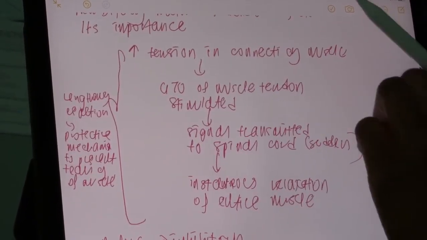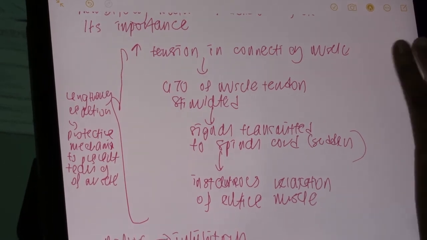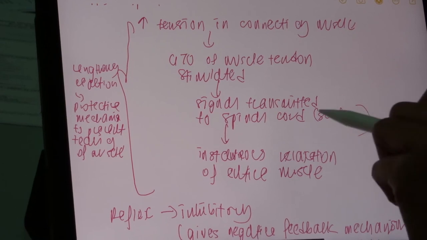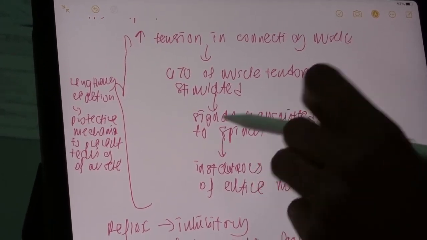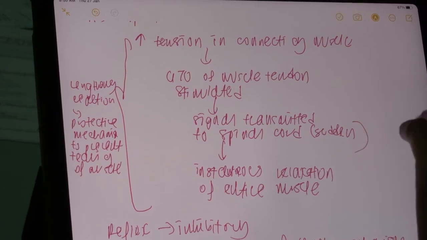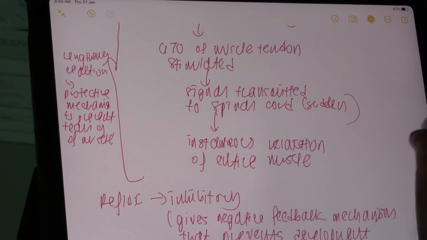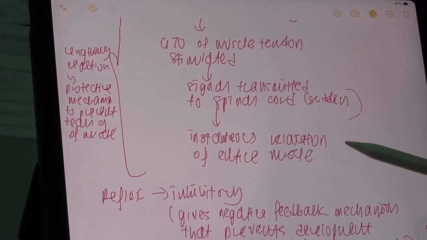They have this inhibitory nature of the tendon reflex and its importance. Let's say there is increased tension in the connecting muscle, which means the GTO will be stimulated, and the signal will be transmitted to the spinal cord. Because there is increased tension, there will be a negative feedback mechanism, which means there will be an instantaneous relaxation of the entire muscle.